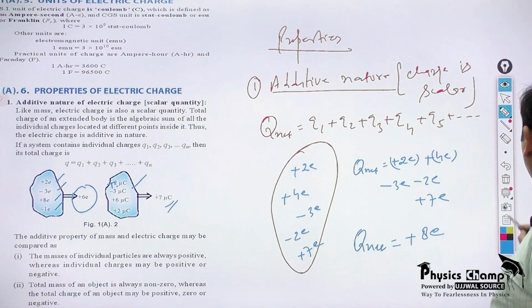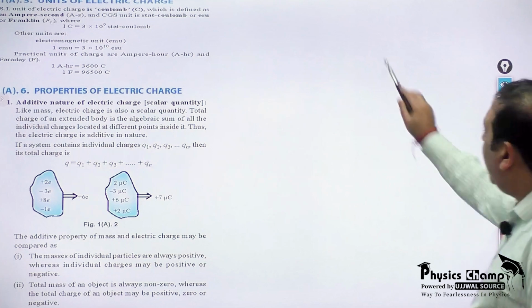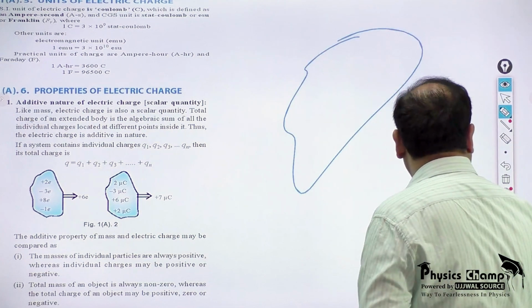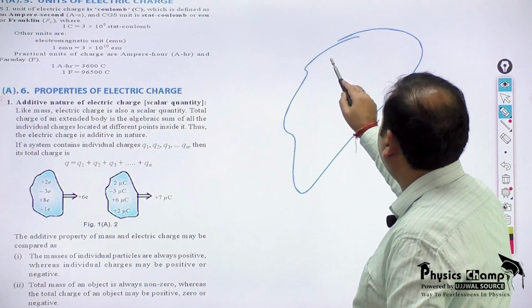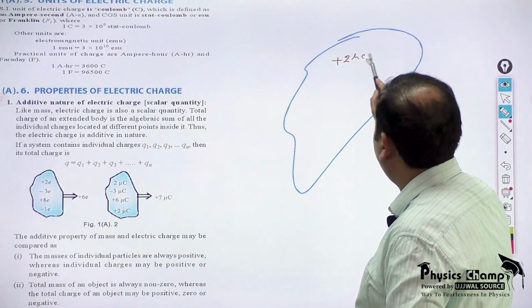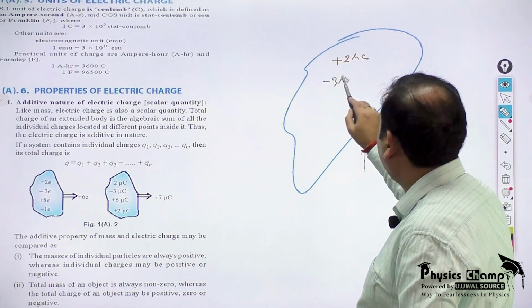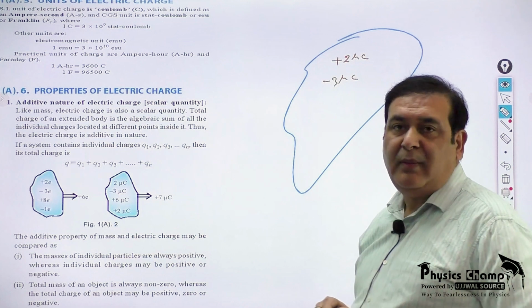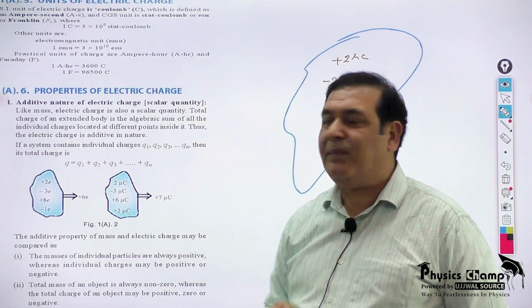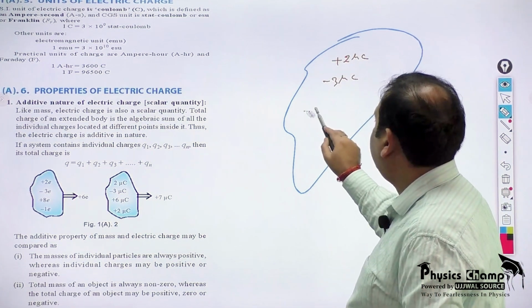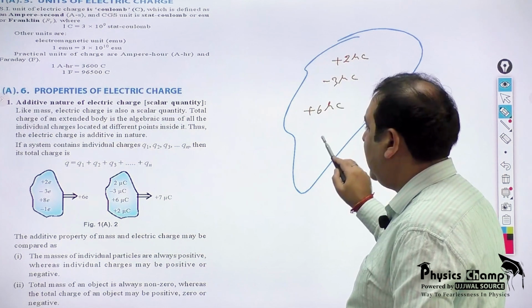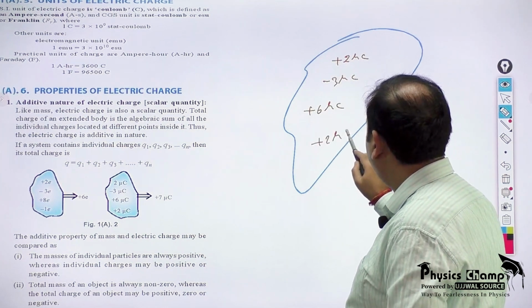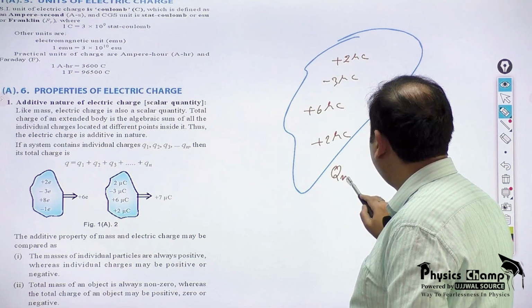I would like to repeat it here. So you have the charge on an insulator which is given as, say, plus 2 microcoulomb, minus 3 microcoulomb. Microcoulomb is 10 to the power minus 6 coulomb. Then plus 6 microcoulomb, and then plus 2 microcoulomb, and you're looking for the net charge.